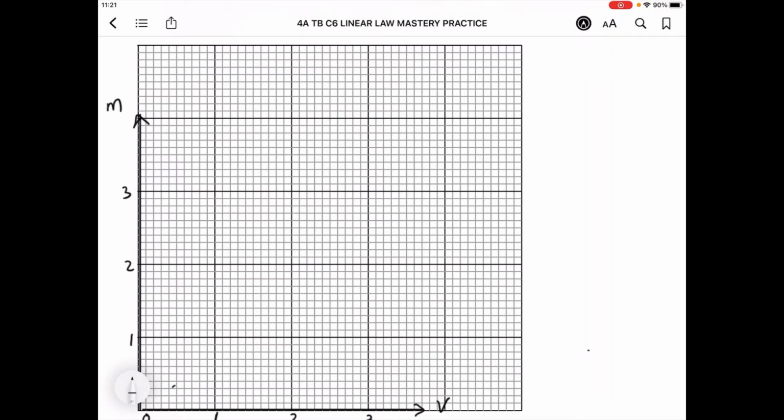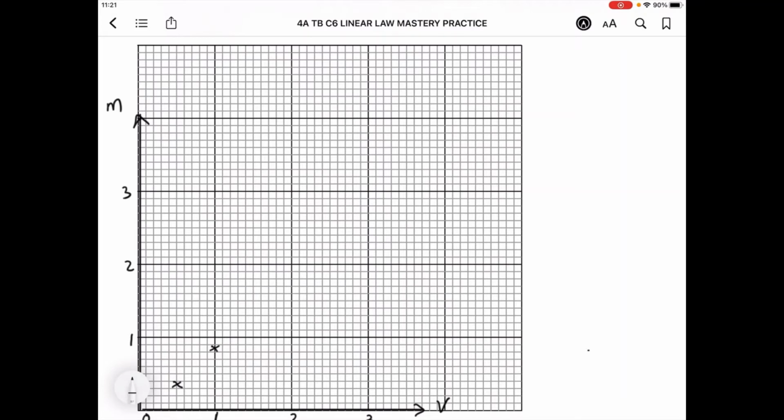Second one is 1 and 0.84. You can't read 0.84, but you can read 0.85, so 0.85 is in between, over here. Next one is 1.5, 1.23. Again, can't read 1.23, but we can read 1.25. The closest is 1.25 over here.